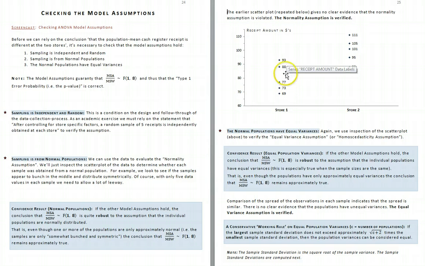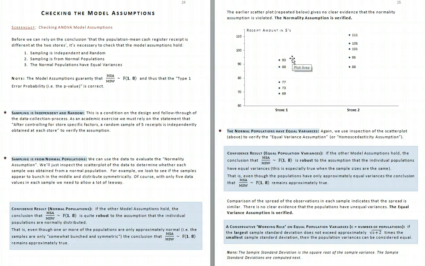Could these observations have come from a normal distribution? Could the sample 2 data observations have come from a normal distribution? Does the data tend to bunch in the middle? Does it distribute more or less evenly?